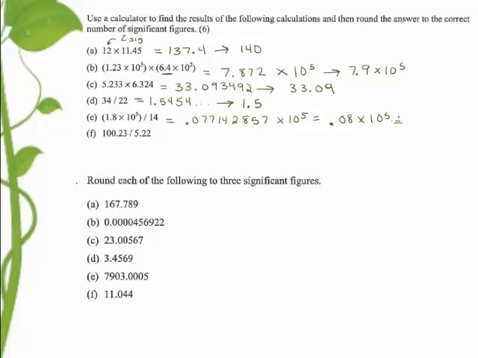So I can write it like that, or I can adjust it and write it like that in order to have the 2 significant figures. Sorry, that wouldn't be 10 to the 5th, that would be 10 to the 4th. Okay. Next, I divide 100.23 divided by 5.22. Three significant figures is my smallest amount, so I have to have 3 significant figures in my answer, so 19.2.